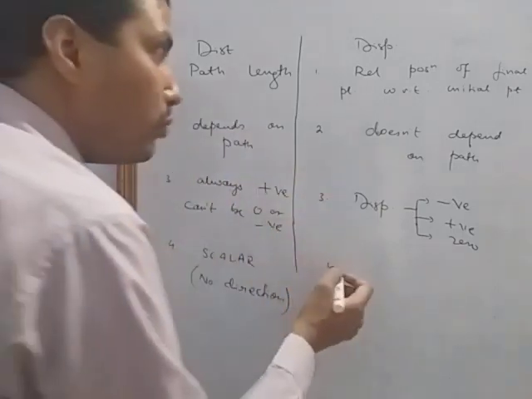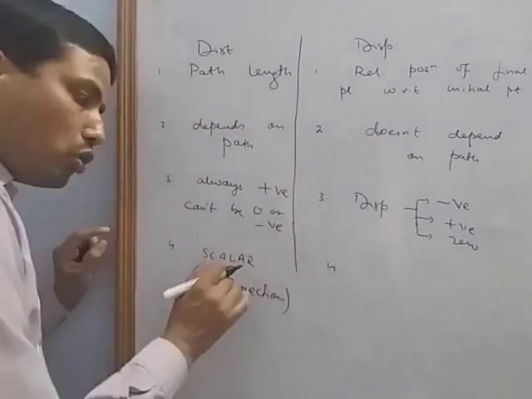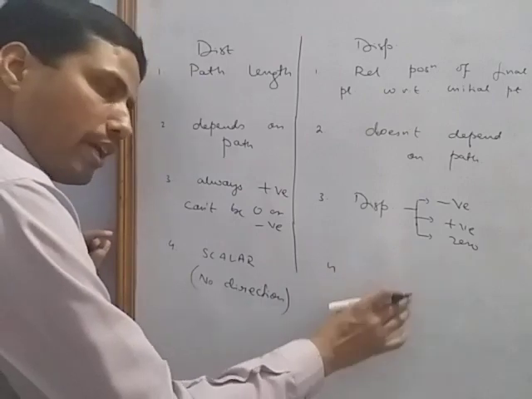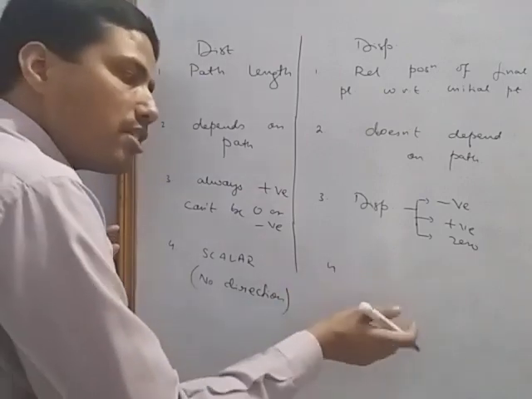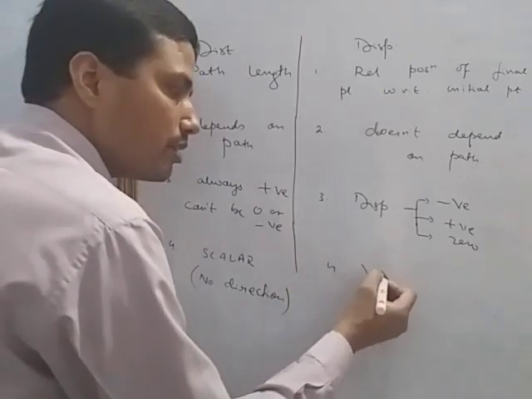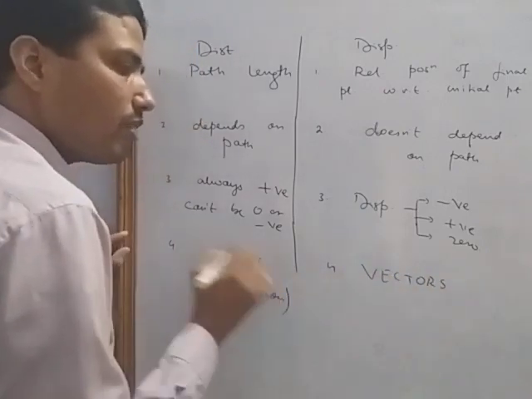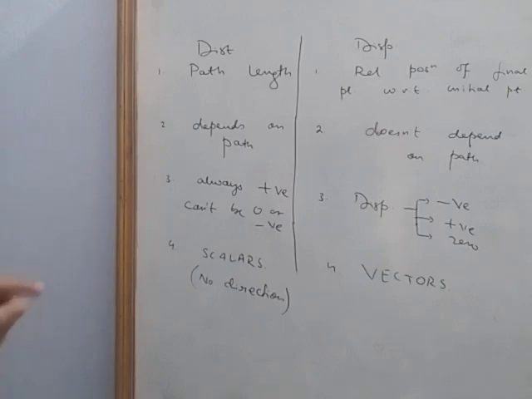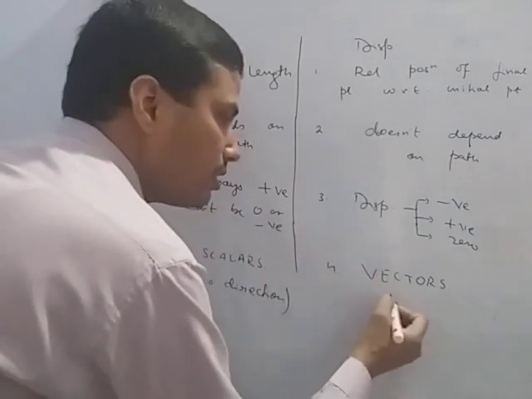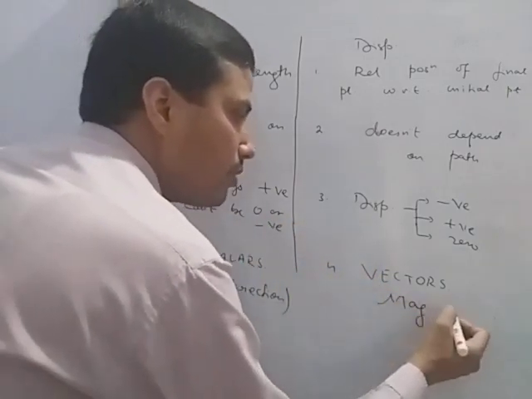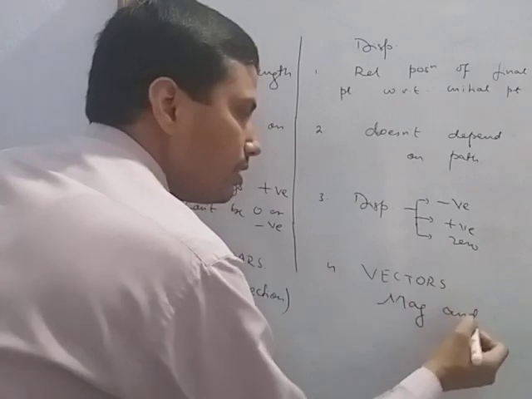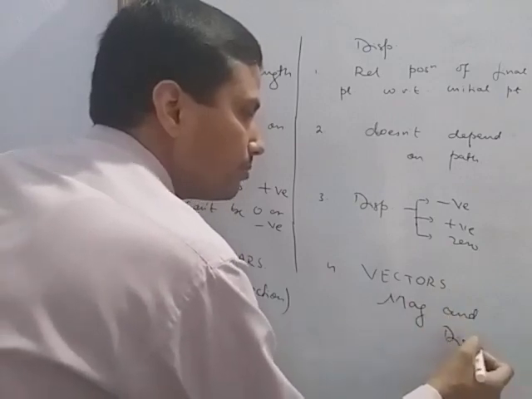But vector quantities are those wherein we write some value and associate some direction to it, and displacement is one among them. So displacement is a vector quantity. That means it has a magnitude as well as a direction.